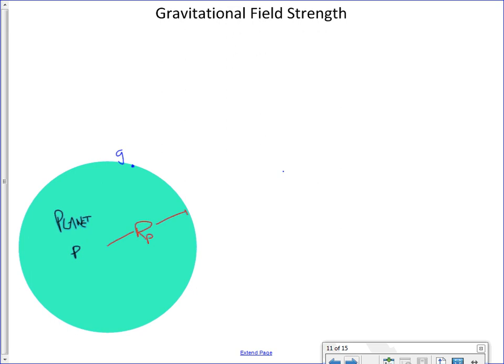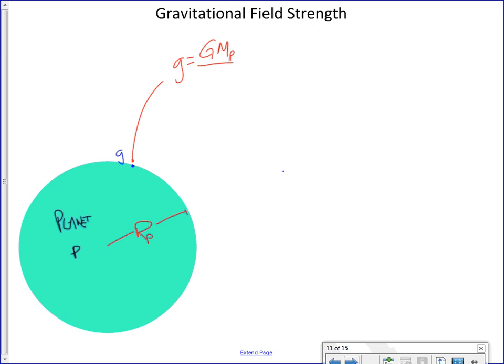All right, so here's what we would say. At this location, g equals G times the mass of planet P divided by R squared.